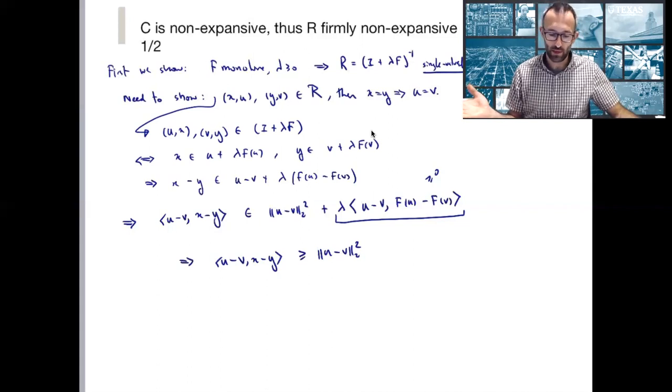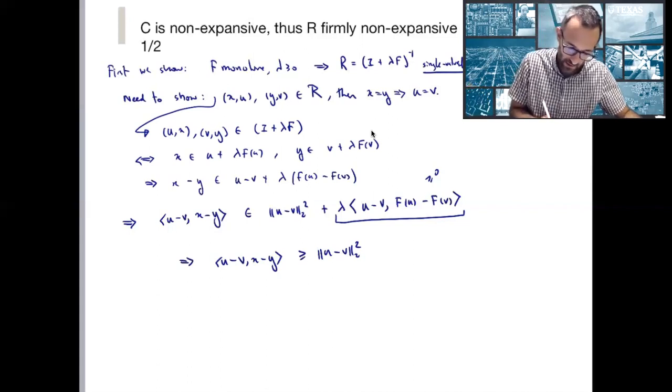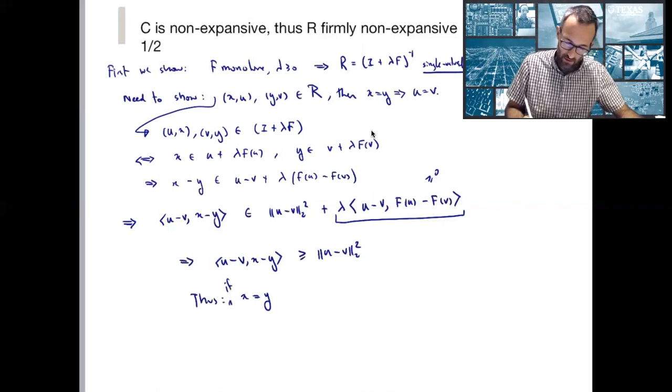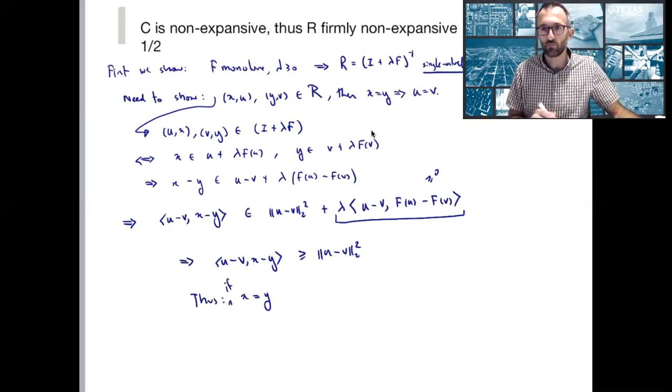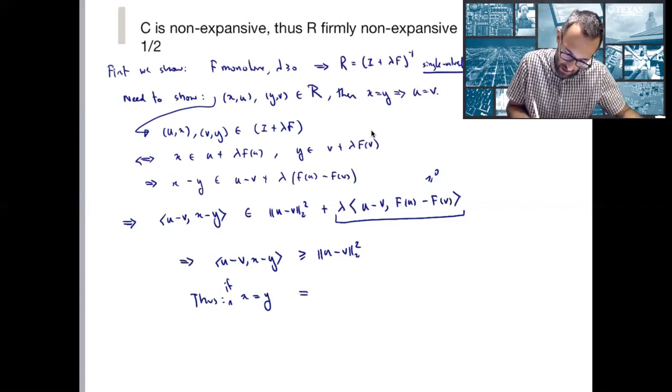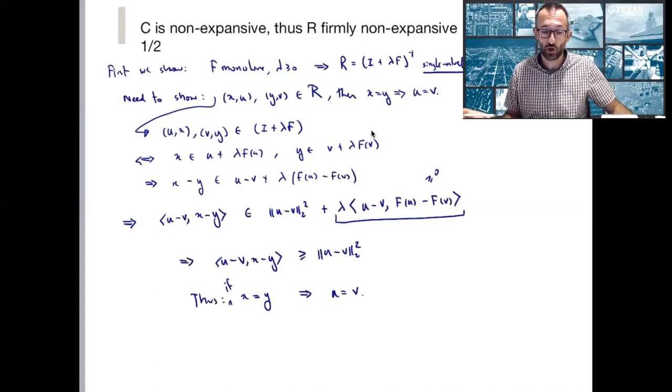This is exactly what we needed to show, because this exactly implies that if x equals y, what happens? The left-hand side is 0, therefore the right-hand side is less than or equal to 0, therefore equals 0, and this means that u equals v. So this is what we wanted to show.